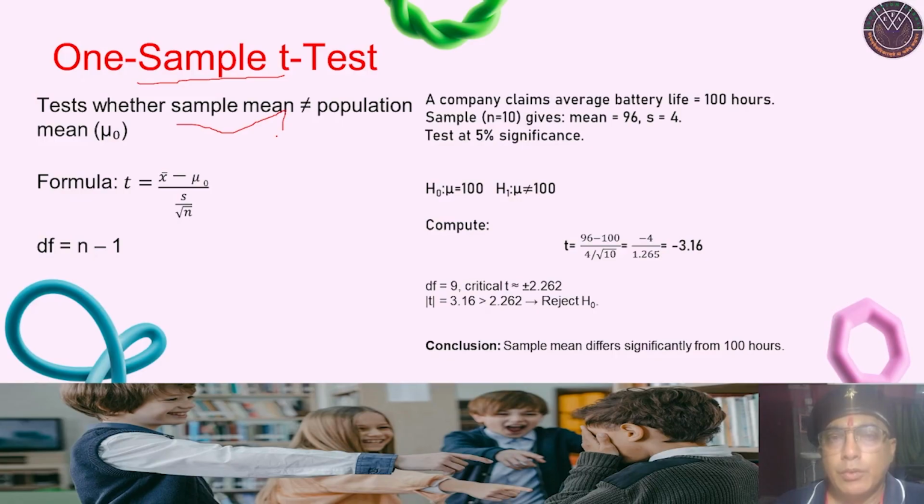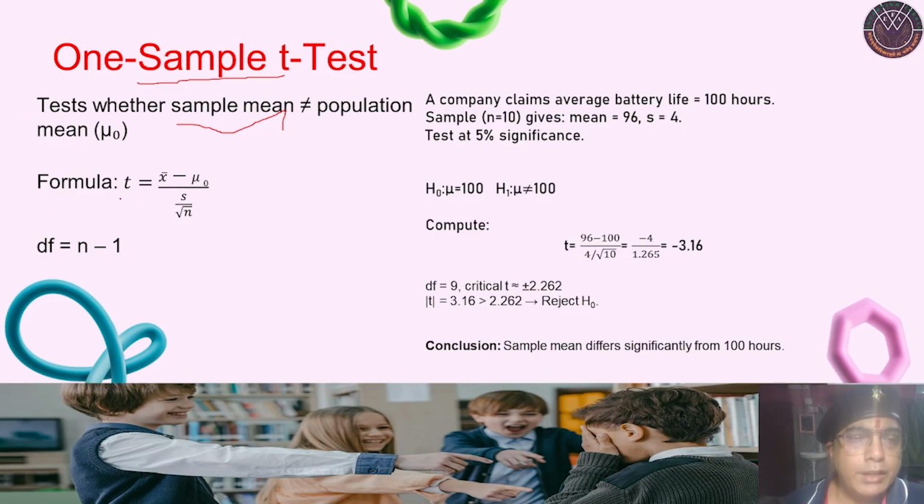Now if a particular company is producing 100 units of helmets in an hour, and you try to get the dimensions, suppose the weight of that particular sample of helmets, is it equal to the benchmark of the prescribed ISI standard? So all these cases are examples of a one sample t-test.